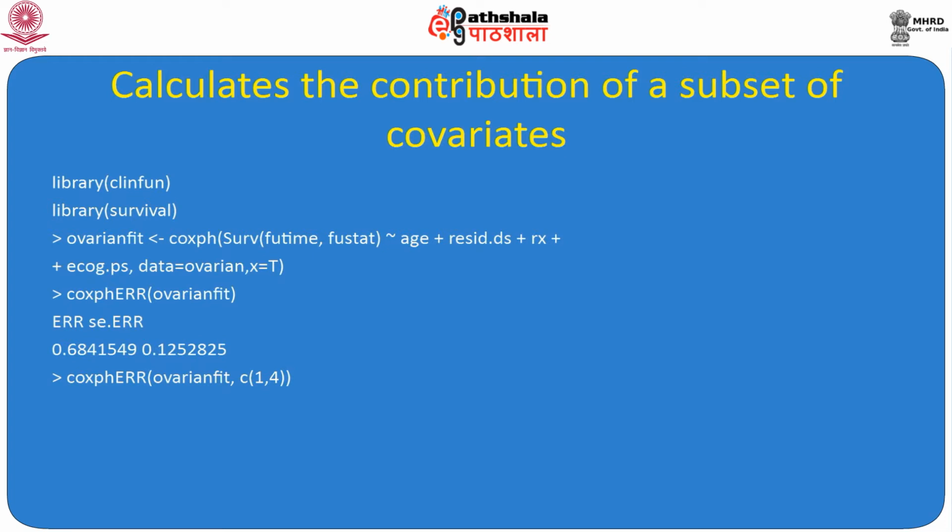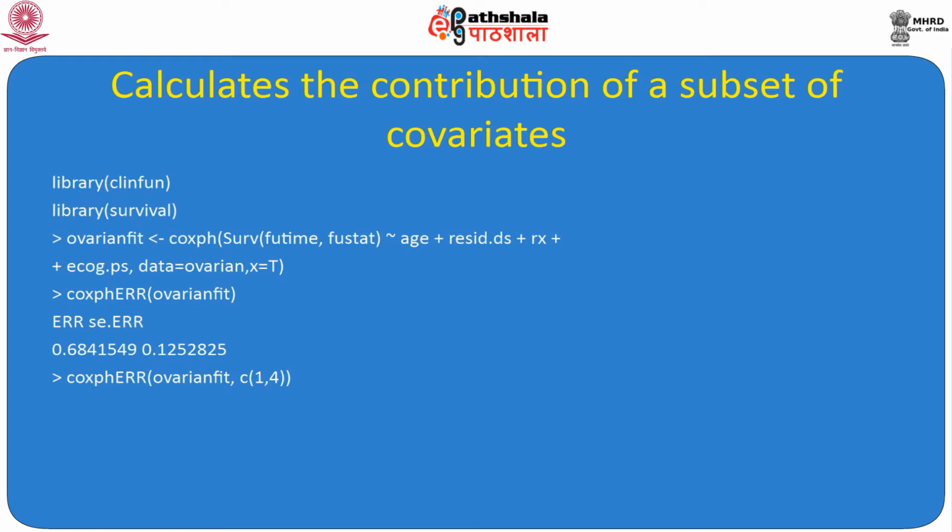So here the relative risks value is 0.68 with its standard error 0.12. This standard error can be used to calculate the 95% confidence intervals with these relative risks.